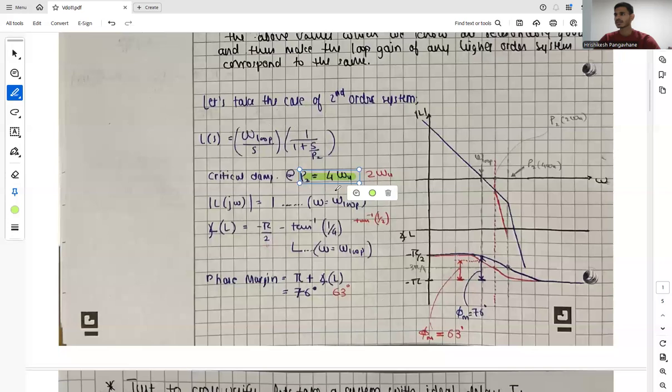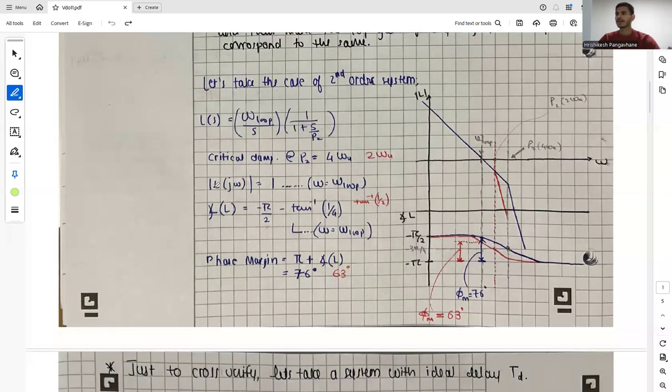So let's first consider this case and forget about what is written in red pen. The magnitude at j omega equals 1 if omega equals the unity gain bandwidth, or the omega loop.